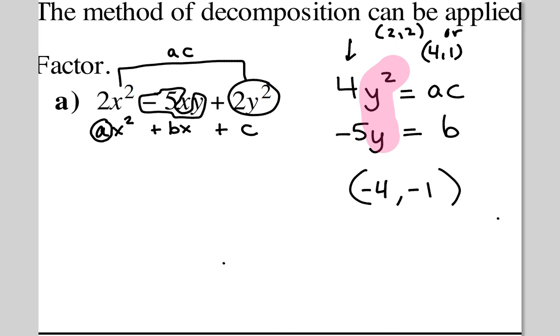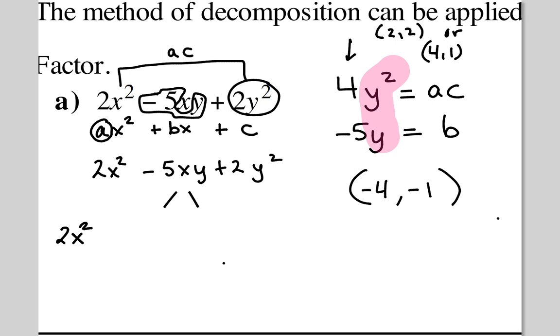Okay? So how will I break this down? I'm just going to rewrite it. And this is where the 20-1 part of the factoring starts. This is where we get into some real questions. So we've got to break down the middle term.